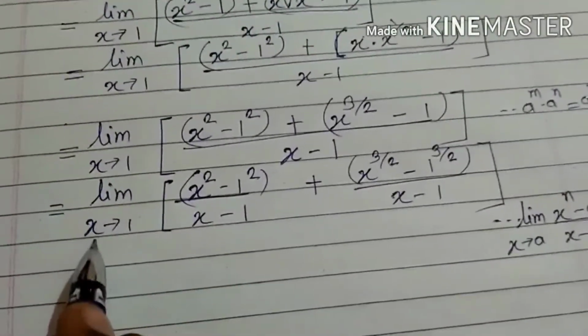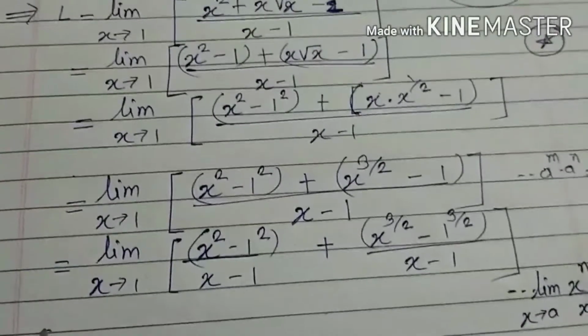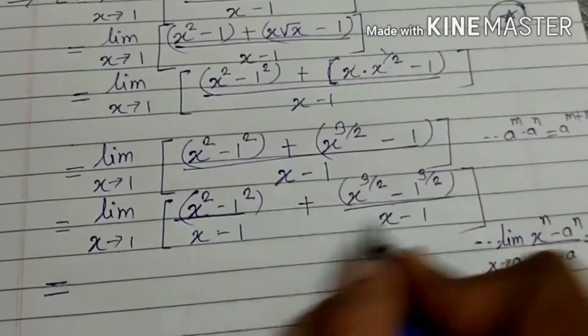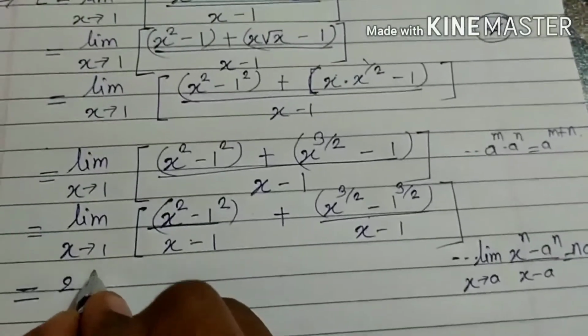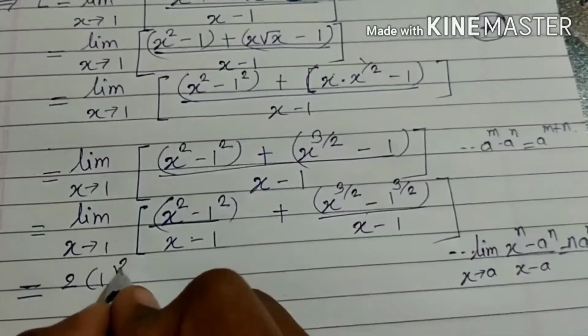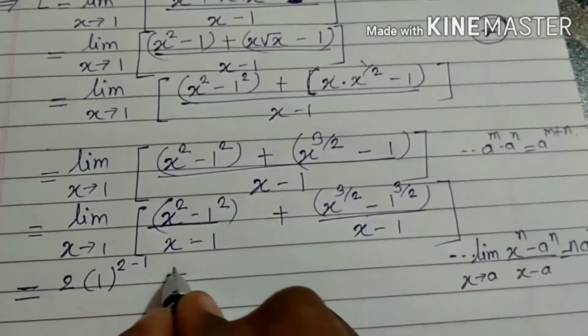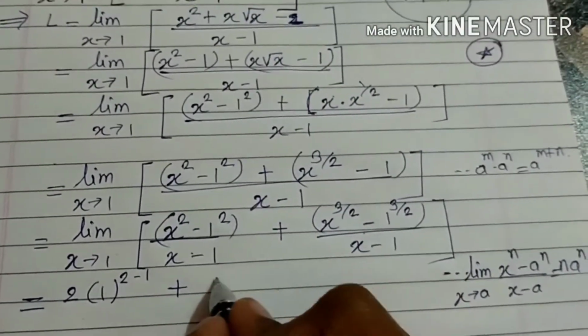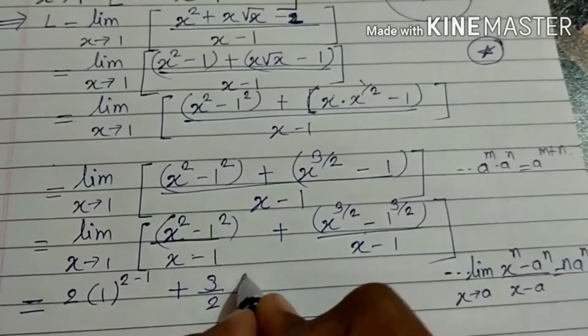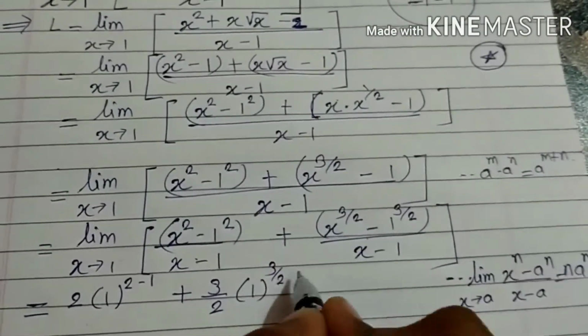Now here limit x tends to 1, so you can use the formula for both the terms. So it is 2 into 1 raised to 2 minus 1 and here plus 3 by 2 into 1 raised to 3 by 2 minus 1.